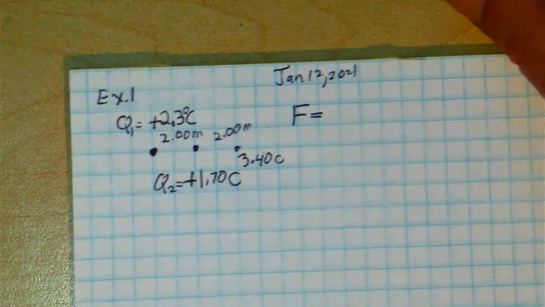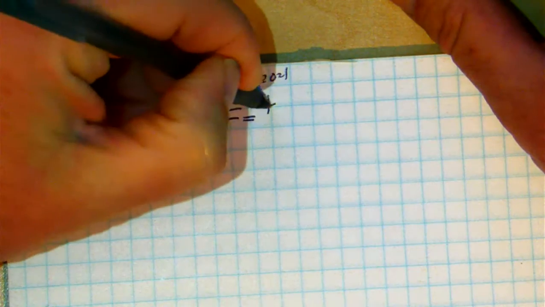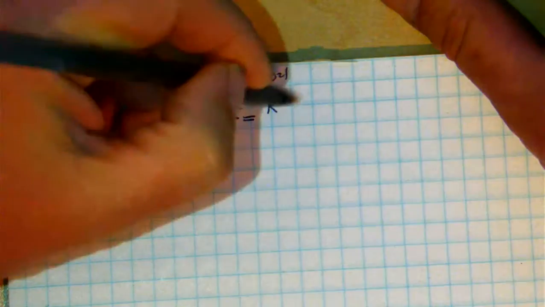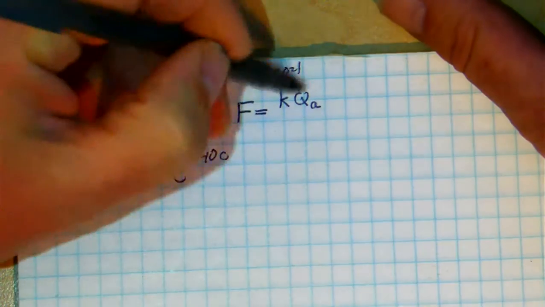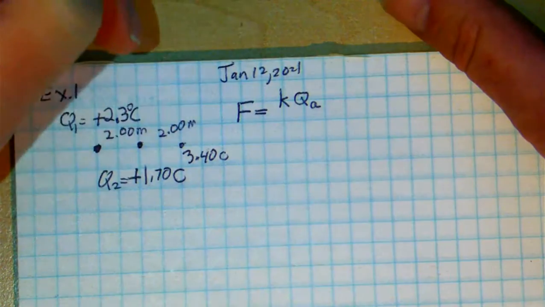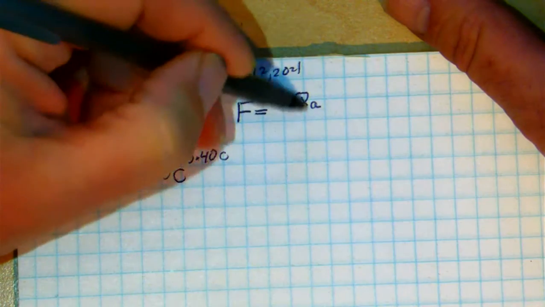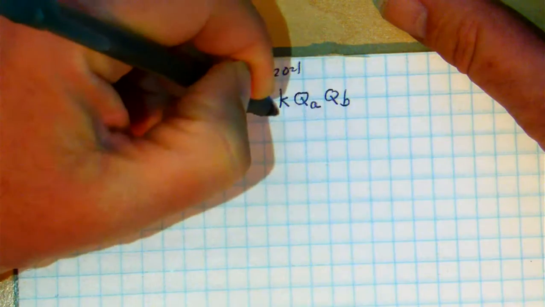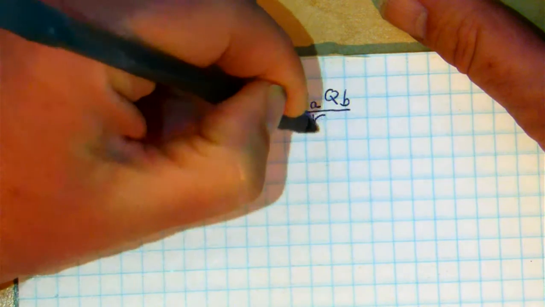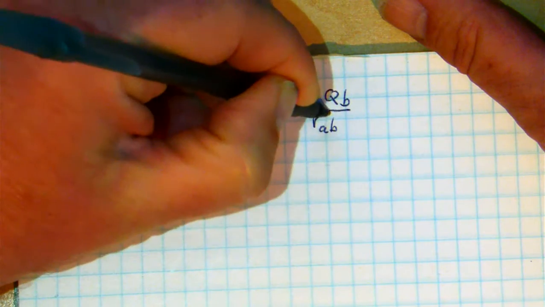The force of electrical attraction is the product of Boltzmann's constant, lowercase k, times the magnitude of the first charge. To not be confusing, I'll use subscripts A and B on the formula. So the first charge QA times the second charge QB divided by the distance between A and B squared.